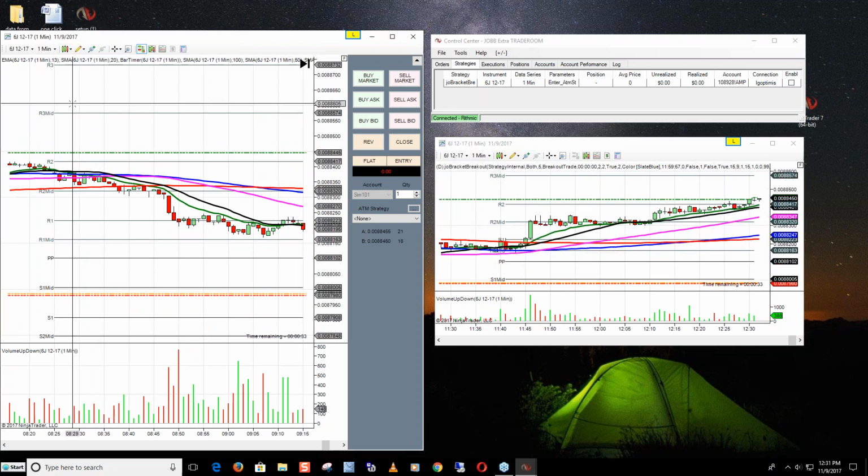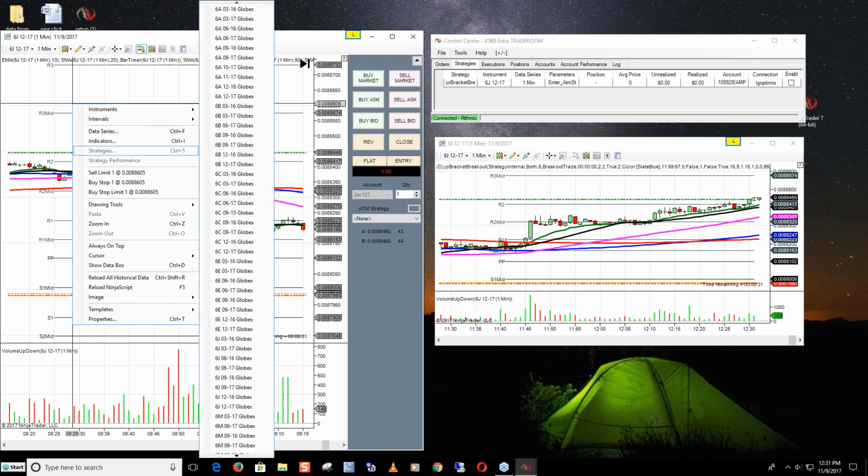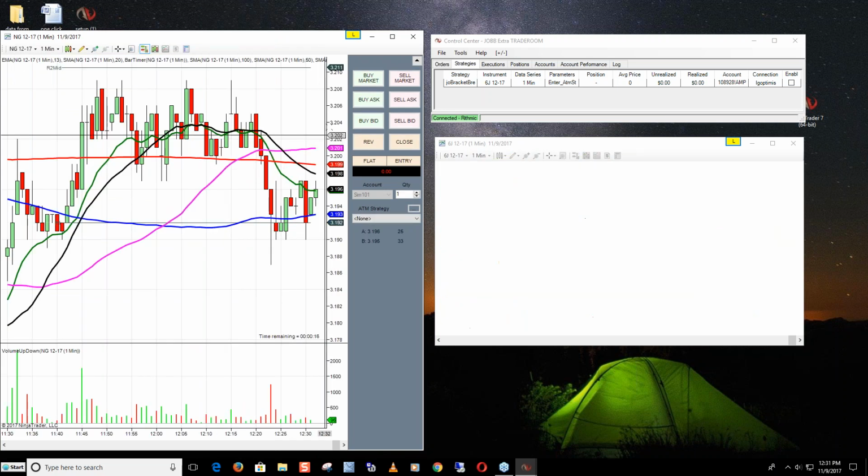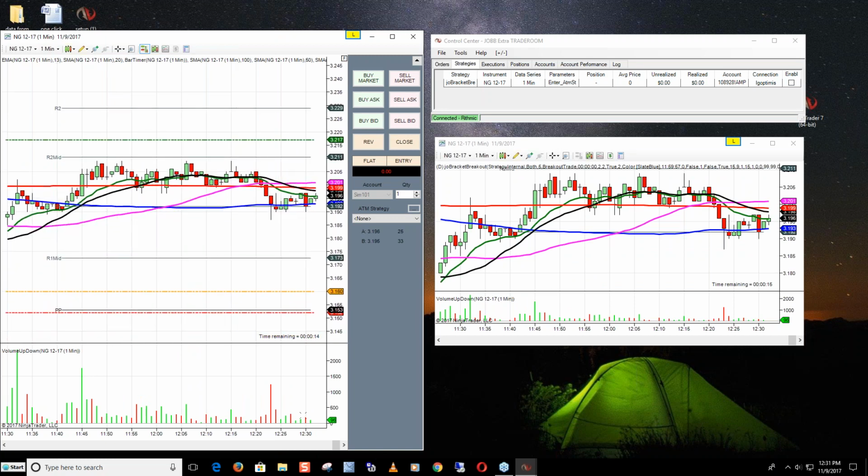Natural gas never got to my spot, I don't think. When I looked before, it still hadn't gotten there. Nope, it's farther away. It went up, if anything. It just didn't do much.